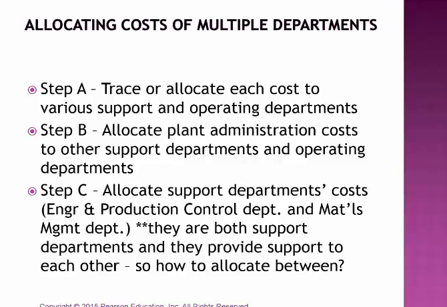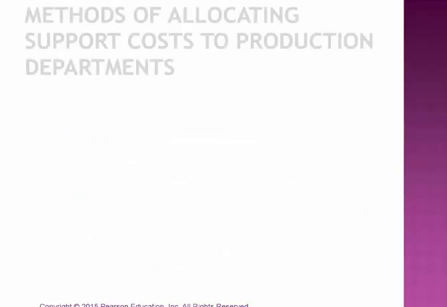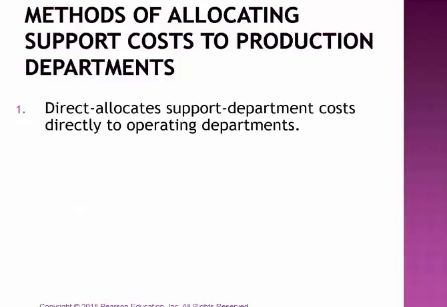All right, so they're both support departments. They give each other reciprocal support. So how do we go about allocating them between the two different support departments? All right, so we've got three different ways that I'm going to show you here. The first one is called the direct method, and it literally skips over those inner support department allocations.